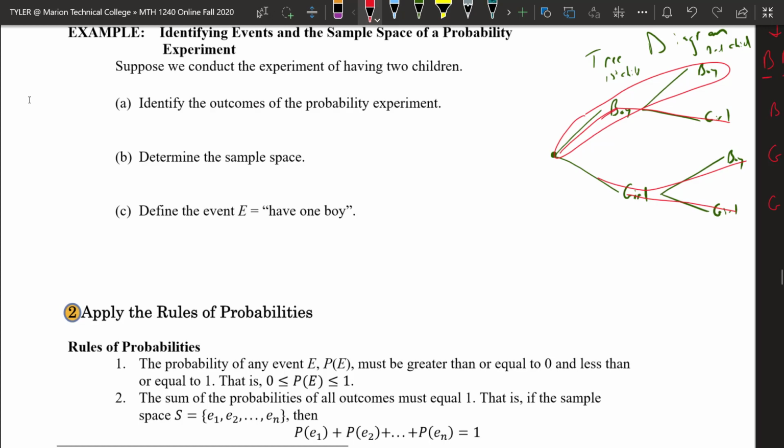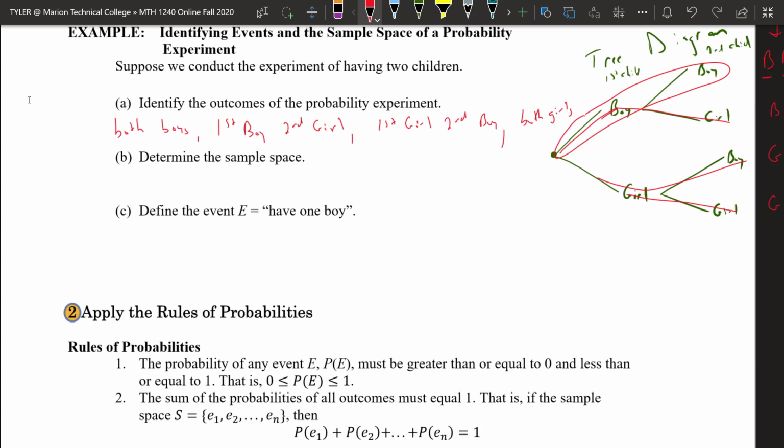So you could have both boys. The first child being a boy, the second being a girl. We could have the first be a girl and the second be a boy, or both girls.